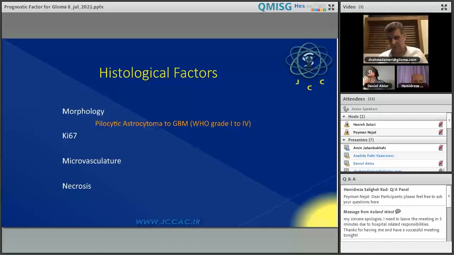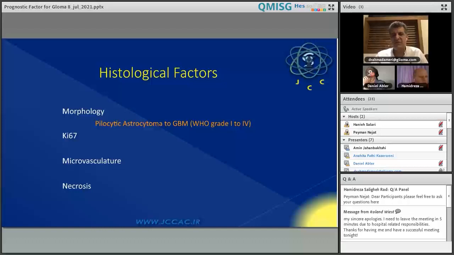Histological factors that affect the patient's prognosis were defined a long time ago, from pilocytic astrocytoma to GBM, based on the WHO grade 1 to 4, which has changed in the new WHO classification of brain tumors. But we know all about this.